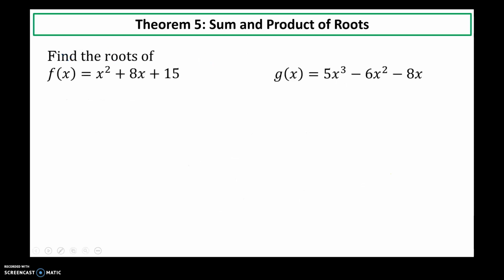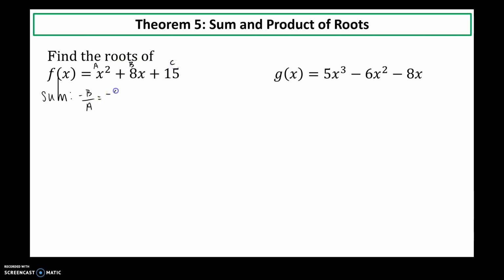So we're going to do 2 quick examples together. Here I have a quadratic polynomial, f of x, and g of x is a cubic polynomial. Find the sum and product. According to my theorem, the sum is going to be negative b over a. So a, b, c.